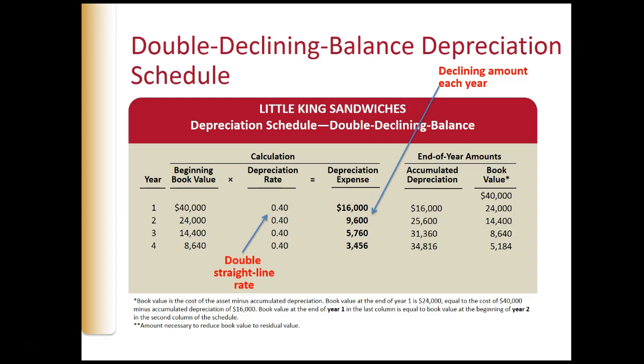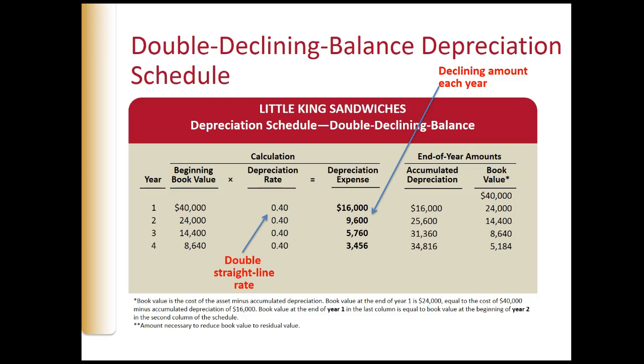So as you see here, with the book value of $40,000, we calculate double the rate, 40%. So $40,000 at 40% is $16,000. We subtract that amount to create a new book value of $24,000, and we will then take that book value of $24,000 times 40% to come up with our depreciation expense of $9,600.